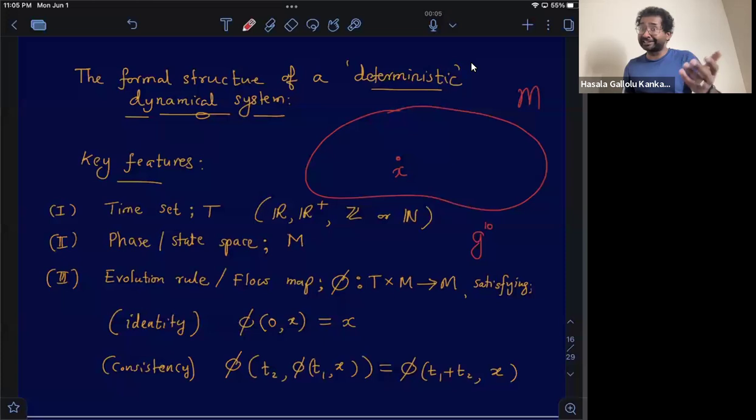G10 means after 10 seconds, what would happen, a map from M to M. If I apply it, I'm going to get another point somewhere, anywhere. I do not know where it is going to be.